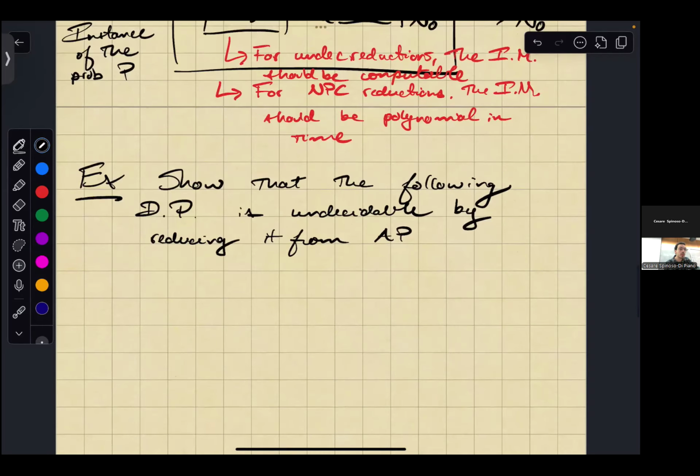So what we want to show is undecidable is the halting problem. So what is the halting problem?